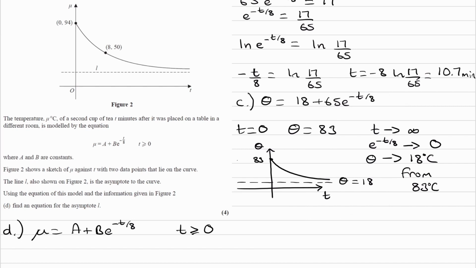Remember that the plus 18, that's what shifts the graph up by 18 places. So the asymptote is usually at y is equal to 0 or theta is equal to 0. Adding 18 moves everything up, including that asymptote, to theta is equal to 18 in this case. So think about what the asymptote would be here. We need to work out what a and b are, so we can use these coordinates to do so. So give that a go.